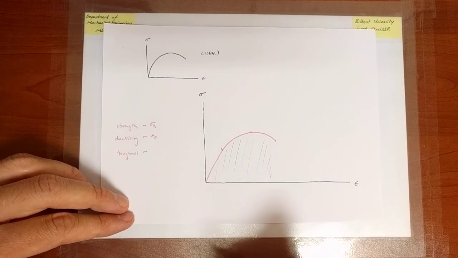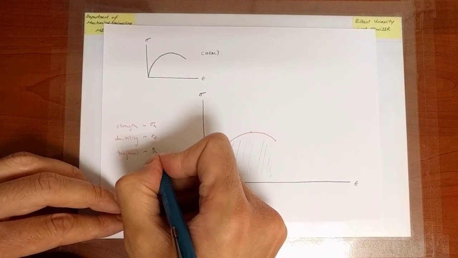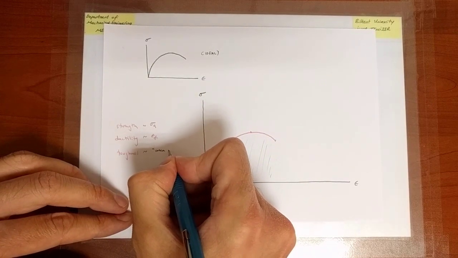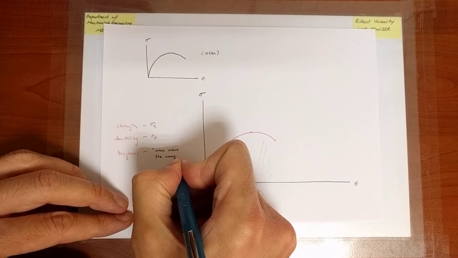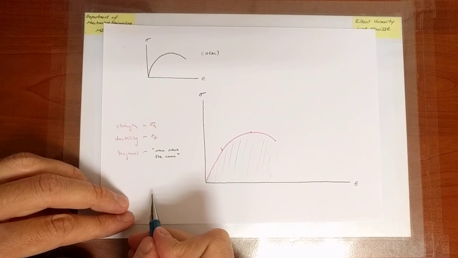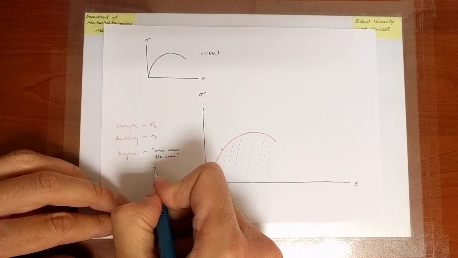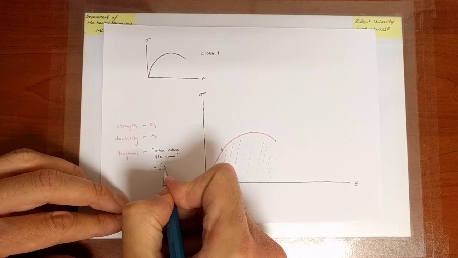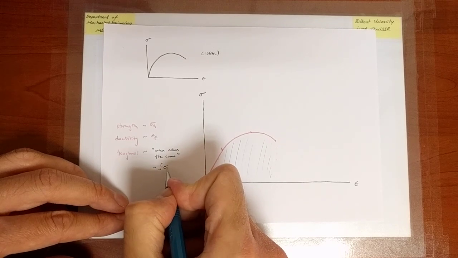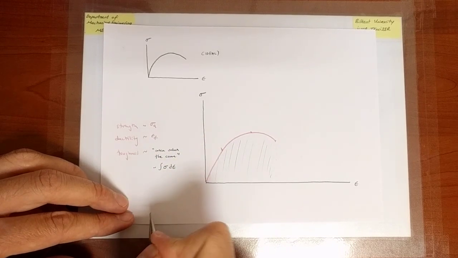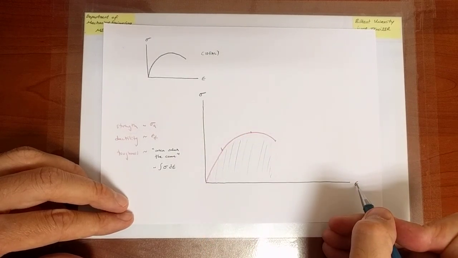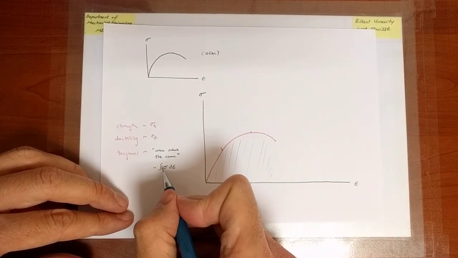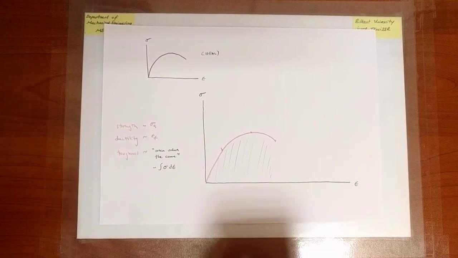Okay, so the area under the curve is associated with the integral sigma d epsilon, right? If this was a function f of x, the area under the curve would be the integral of f dx.